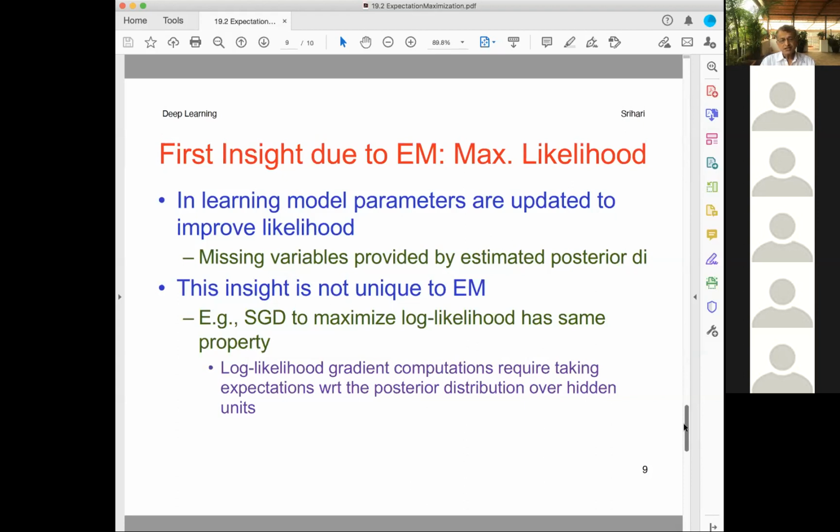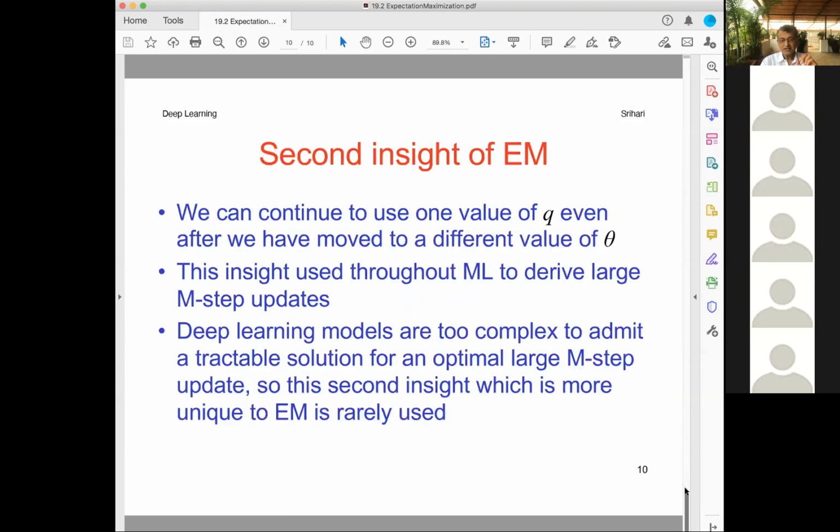The model parameters, theta, are updated to improve the likelihood. This insight is not unique to EM; SGD to maximize log likelihood has the same property. We change the parameters to increase the likelihood of observing this data set, and then we calculate the gradient of that log likelihood. Log likelihood gradient computations require taking expectations with respect to the posterior distribution over the hidden units. This is standard gradient ascent.